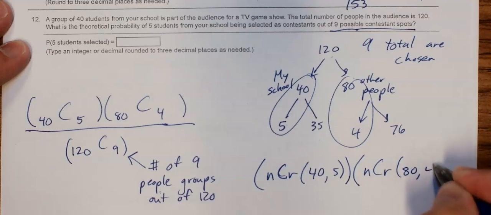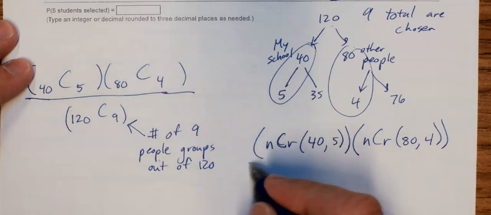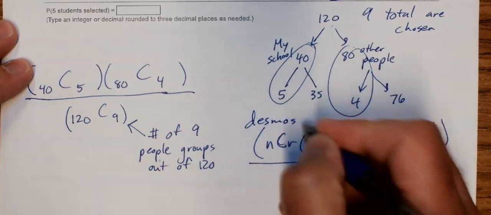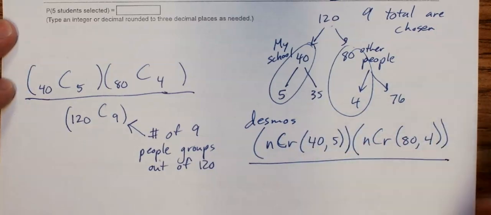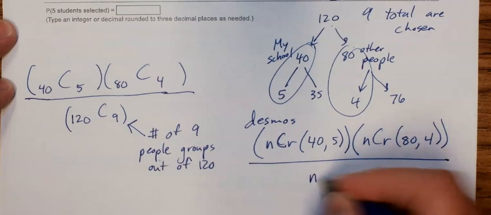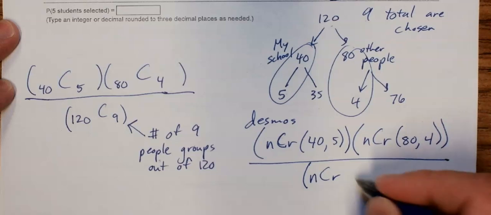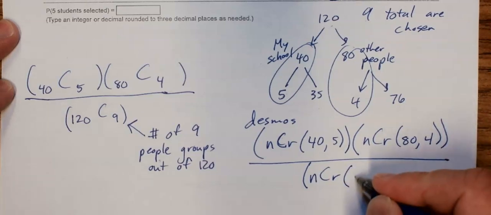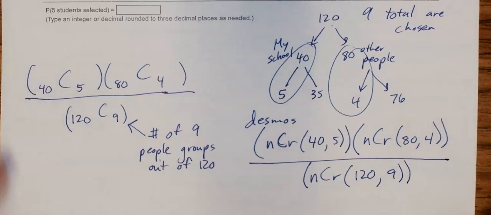This is for Desmos if that's what you're using. So I'll write that here, Desmos, and then I think you could use either one for this particular thing. Scientific might be easier, not have to mess with the graph because there's no graphing on this. But this is how I would do that on Desmos.